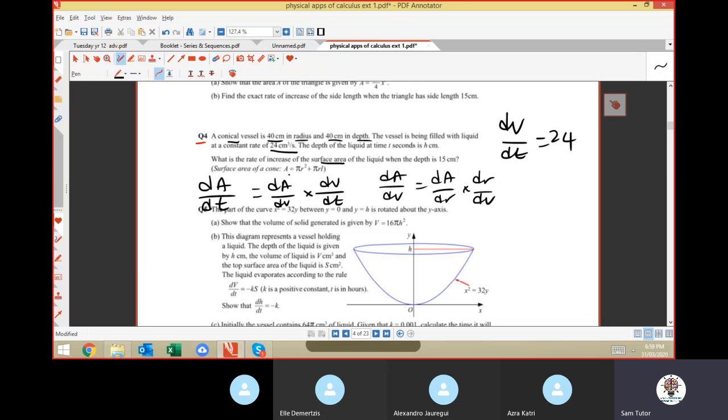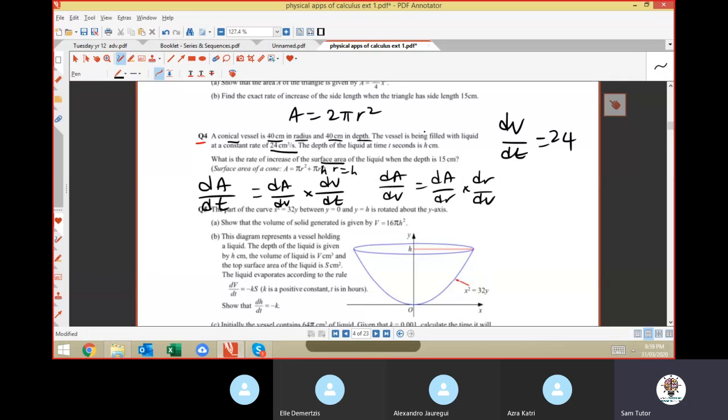What's area in terms of radius? Well, the height and the radius are the same. So this A equals pi r squared plus pi r h. Yeah, r equals h because the radius equals the height. So therefore your area just becomes pi r squared plus pi r squared, which is 2 pi r squared.